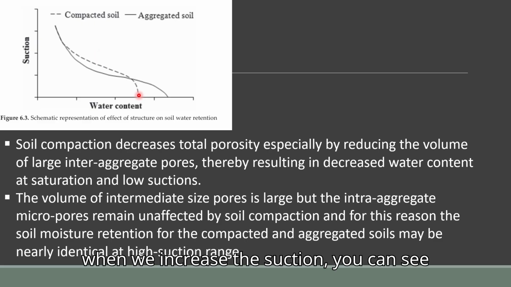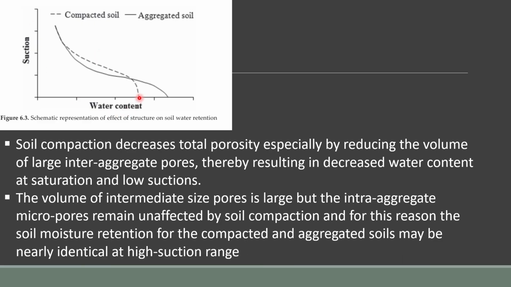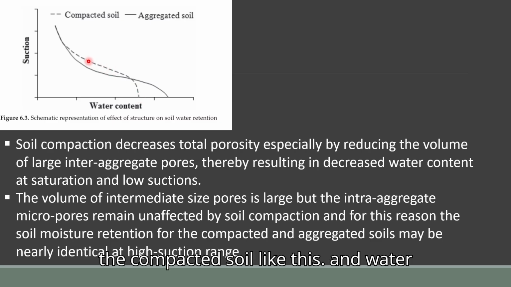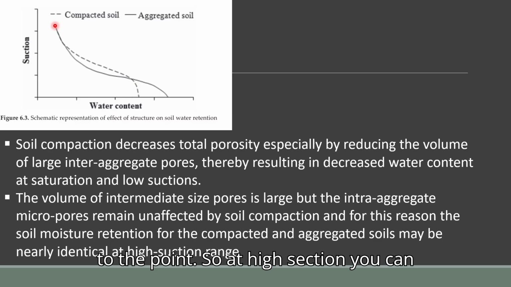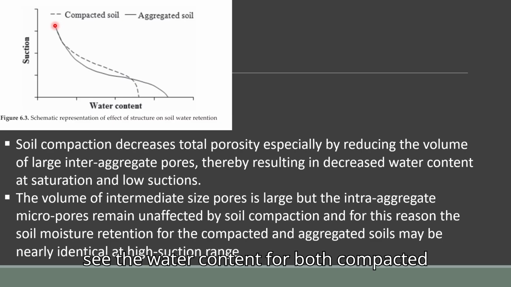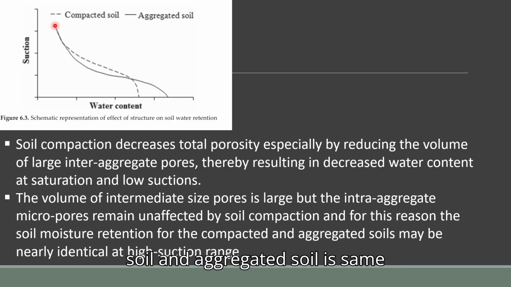But when we increase the suction, you can see the water content decreases in the compacted soil like this, and water content decreases in both soils. Water content decreases like this and reaches to the point. So at high suction you can see the water content for both compacted soil and aggregated soil is the same, equal.